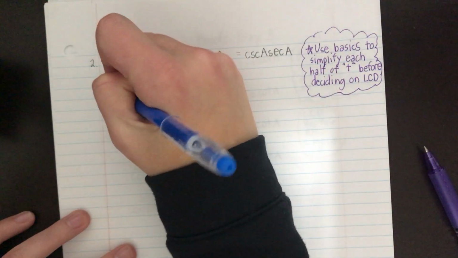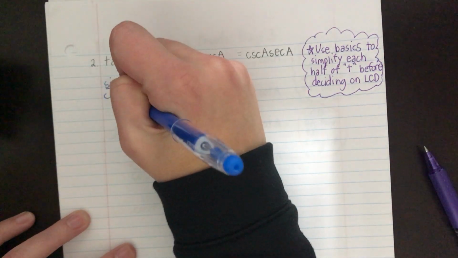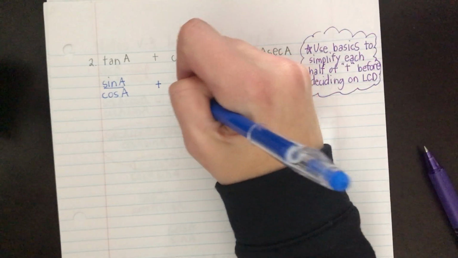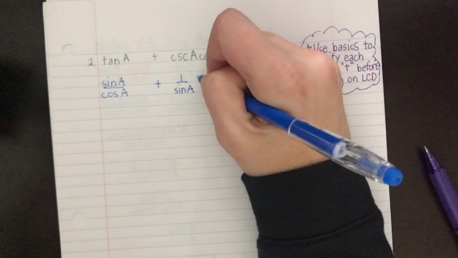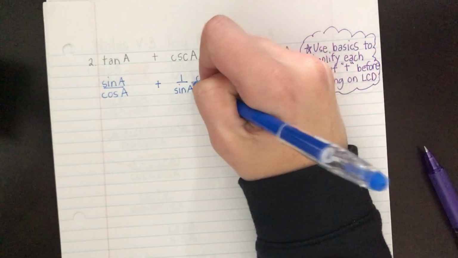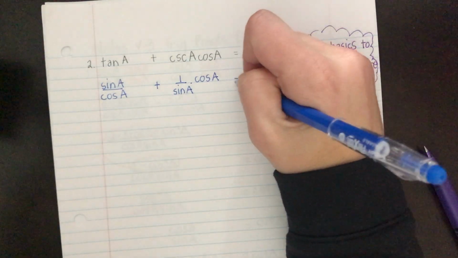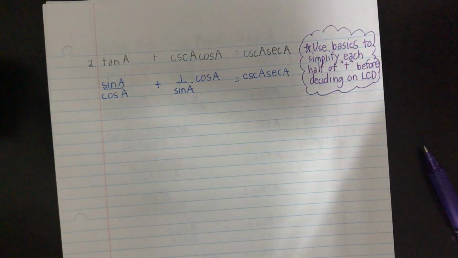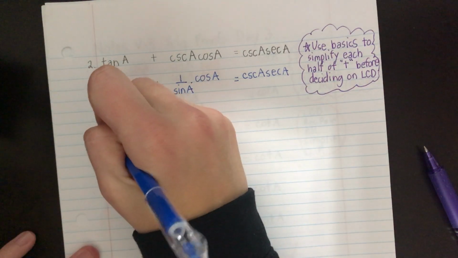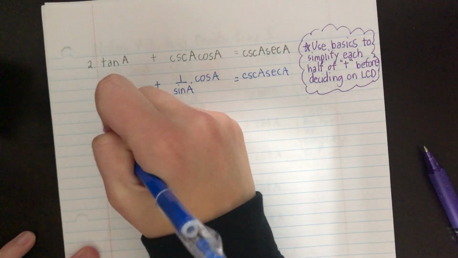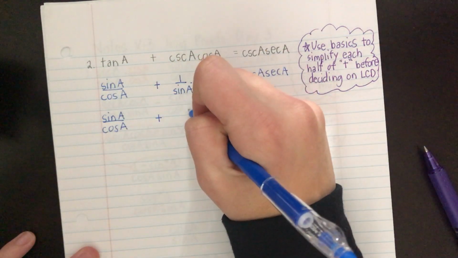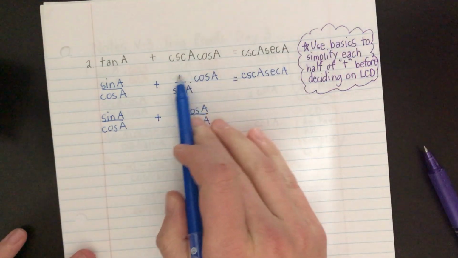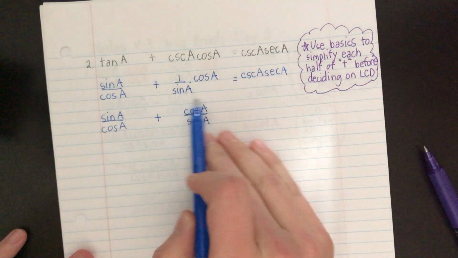So tangent is sine of A over cosine of A, plus cosecant is going to be 1 over sine of A, and cosine is going to stay cosine of A, and that drags over to cosecant of A, secant of A. So I'll put these as sine of A over cosine of A, plus this is cosine of A over sine of A. I know that kind of goes against the slide thing, but we're just sliding on this one part that's only multiply or divide.